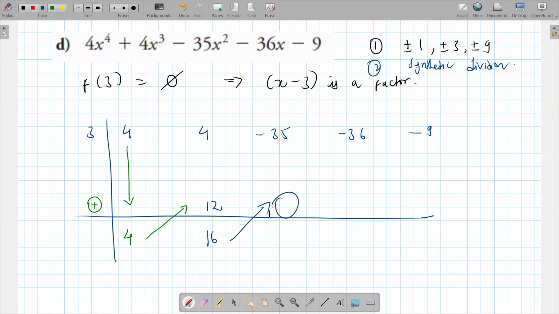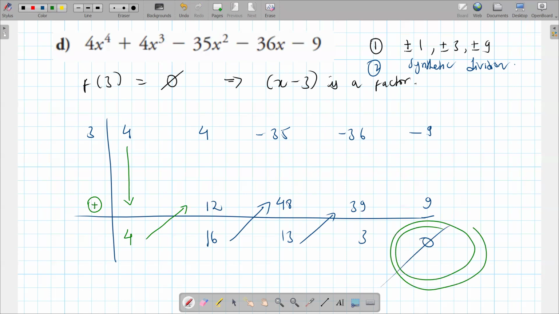What goes here? 48. 13. 39. 0. If you do this right, every single time your remainder should be 0 because it's a factor. Remember factor theorem. If it's a factor, the remainder is going to be 0. So here we know that the remainder is going to be 0. So always expect a 0 here at the end.